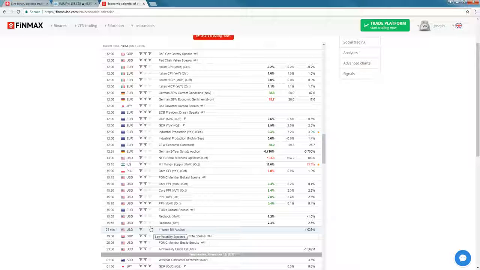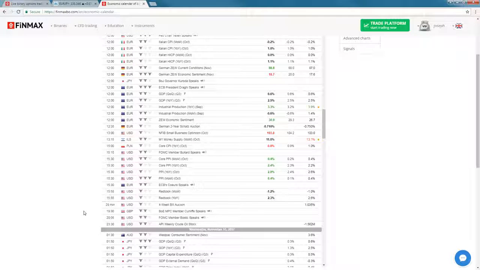Here we can see that in 28 minutes there will be some news around the US dollar, although these news are not that important. They have got only one head, so I think they will not be able to interfere in our trading. Later there will be some news on GBP and US dollar, but I think we'll be finished with our trading before those news come out.